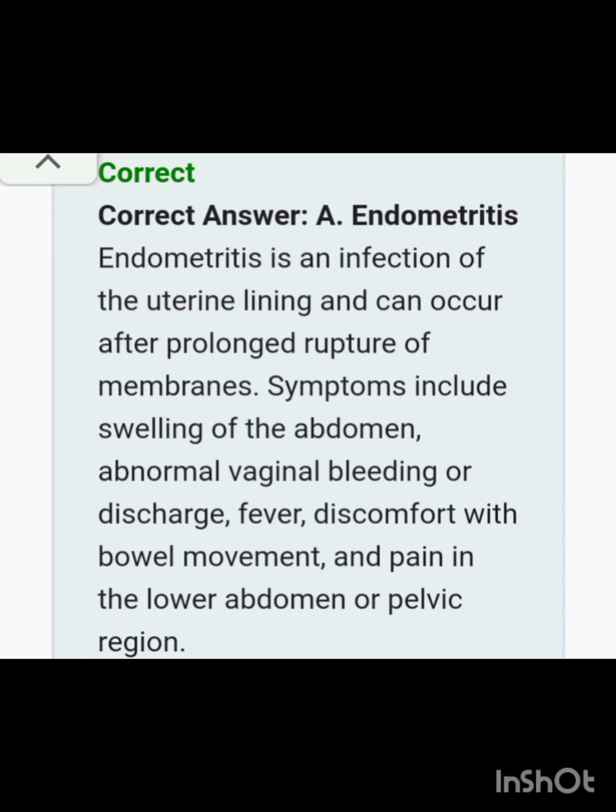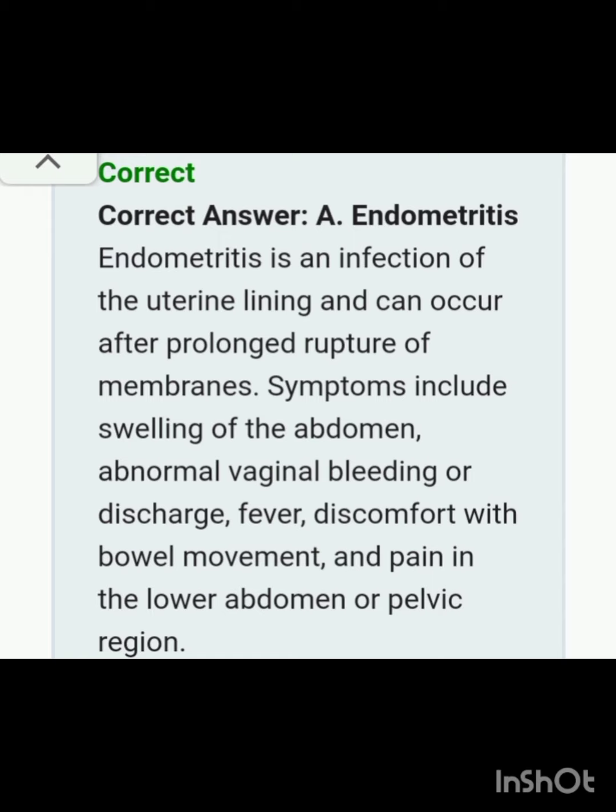Endometritis is an infection of the uterine lining and can occur after prolonged rupture of membranes. The symptoms include swelling of the abdomen, abnormal vaginal bleeding, discharge, fever. With any infection, the first sign that a human being shows is fever, and discomfort with bowel movements, because endometritis, that means inflammation or infection of the inner side of the uterus, may cause pelvic inflammatory disease also, because it is lying just in front of the bowel, the large intestine.